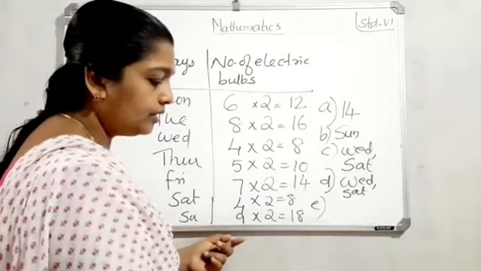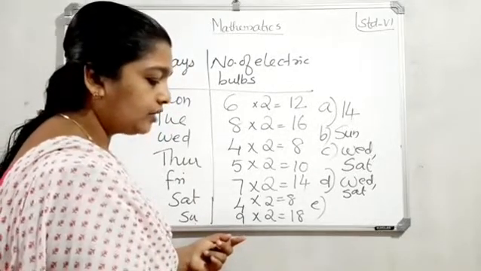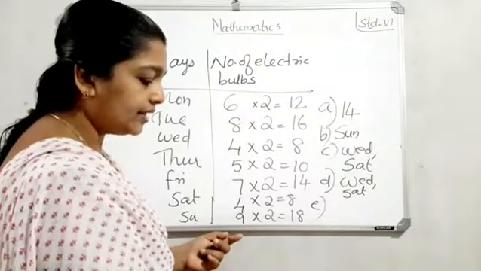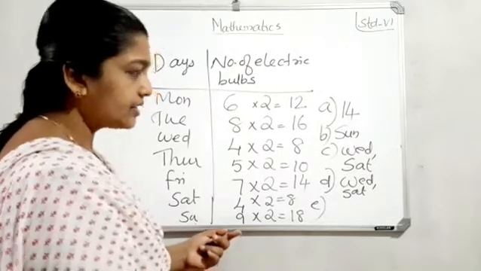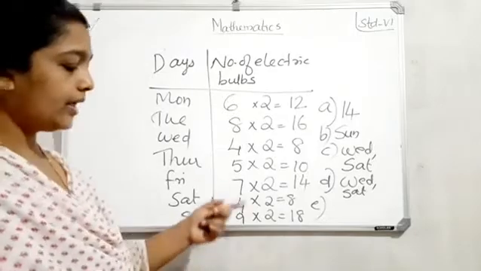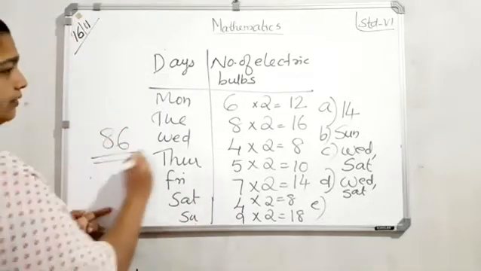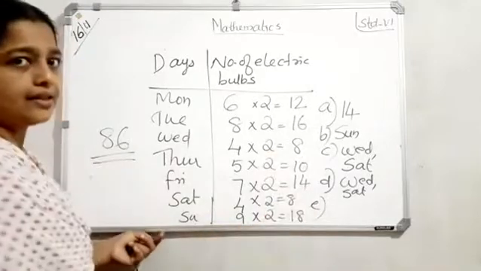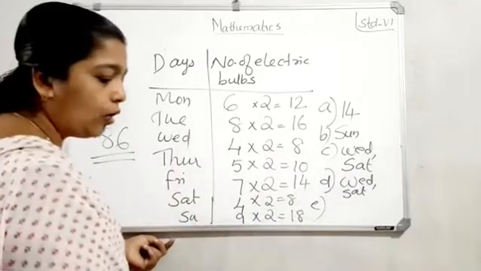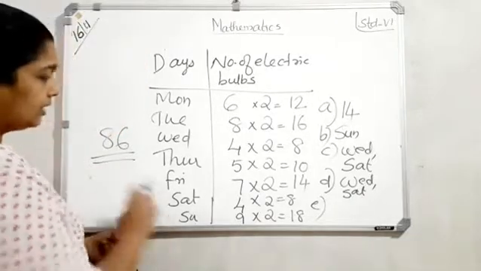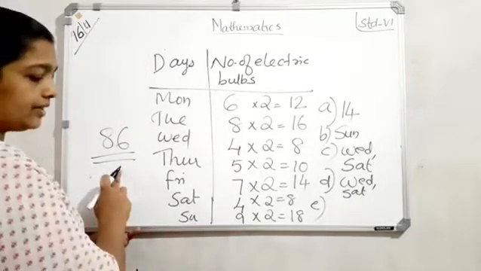Next, E. If one big curtain can hold 9 bulbs, how many curtains were needed in the given week? That is the total number. So here total 86 bulbs. We can add, you will get 86. Question, how many curtains? So listen, total 86.